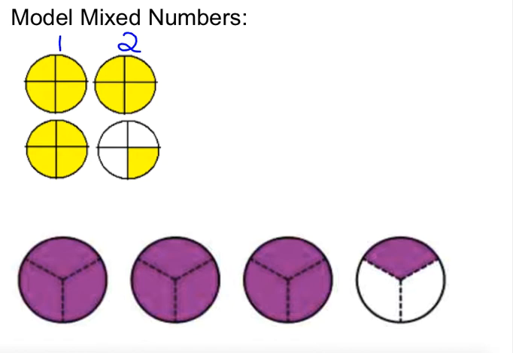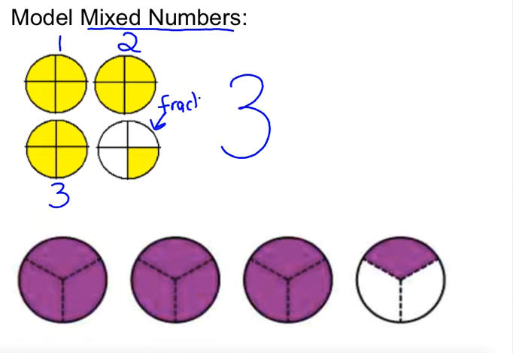And I have another one here that's shaded completely, so that makes 3 wholes. That's how I get my mixed number. So it's 3 circles that are completely filled in. But on the 4th circle, I see that only 1 is shaded out of the 4. So this gives us the fraction. This model shows 3 and 1/4.